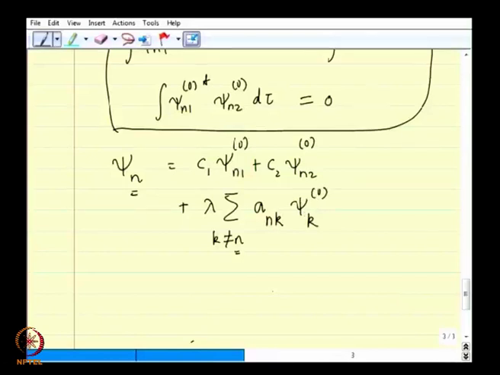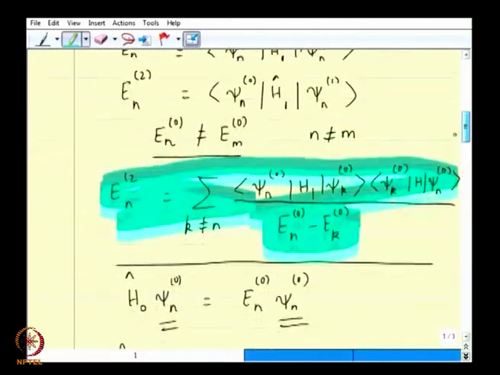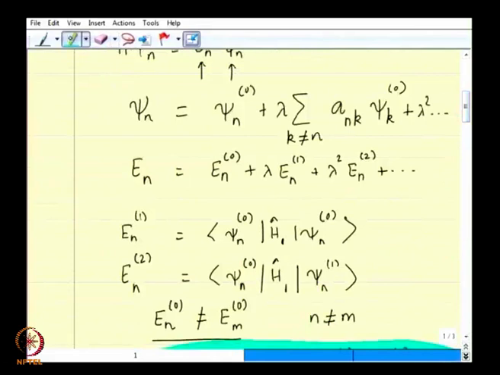So the only change that we make is in the definition of the wave function, and if you want to compare this with the non-degenerate case, let me just move up.